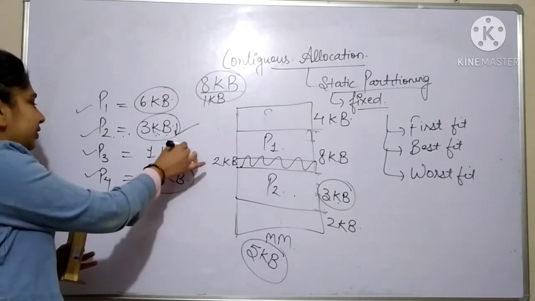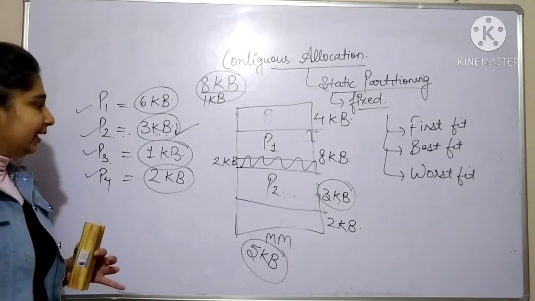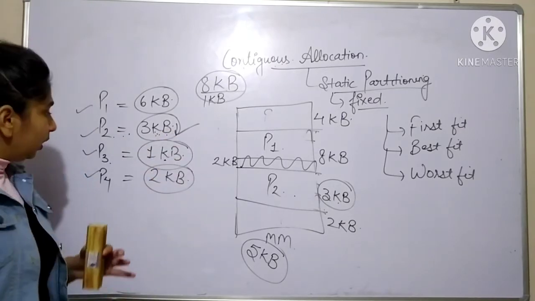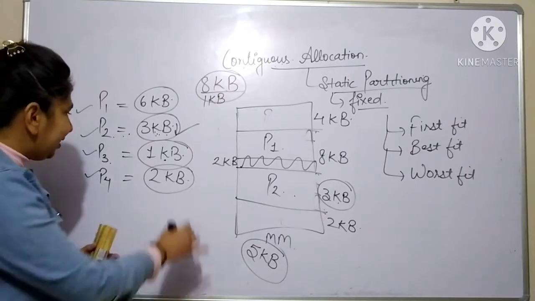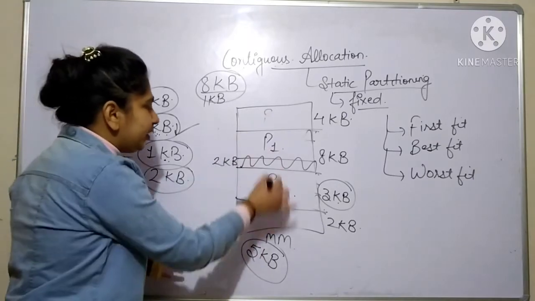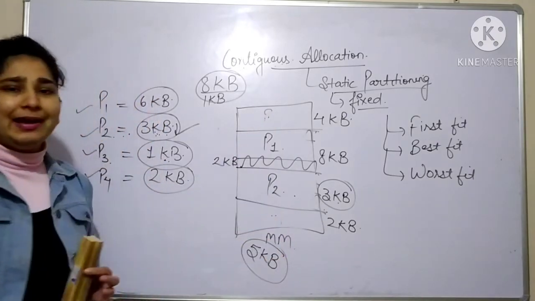Okay. So next we have process P3. The size of process P3 is 1 KB. Which is the best possible partition to store a 1 KB process? I have these two partitions, 4 KB and 2 KB.